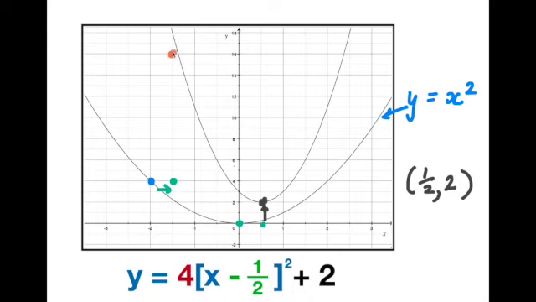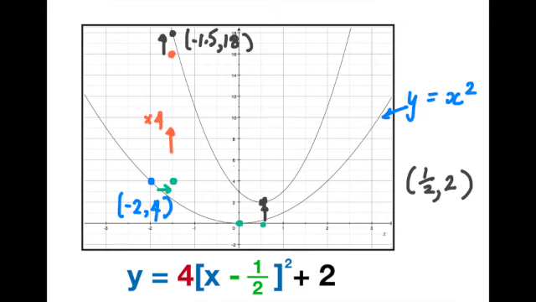The x coordinate is still unchanged at negative 1.5. The last change we see is plus 2. So that means that our y coordinate moves vertically 2 units, and our point now has the coordinates negative 1.5, 18.